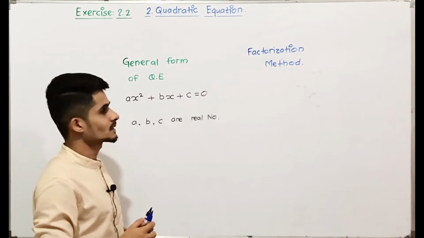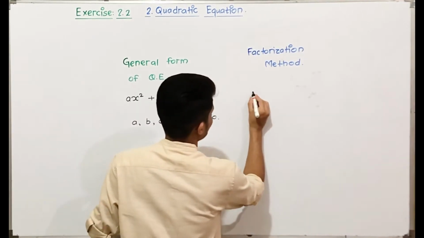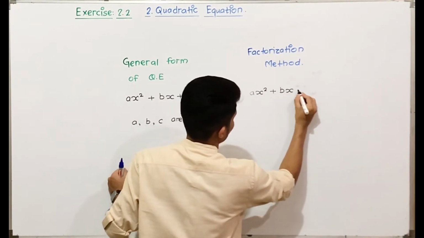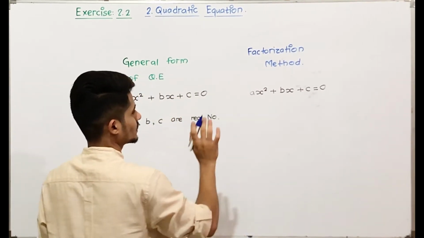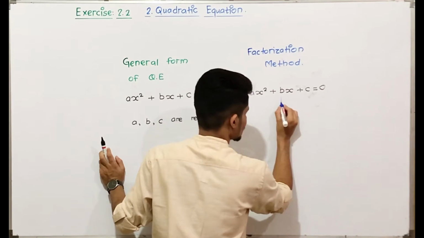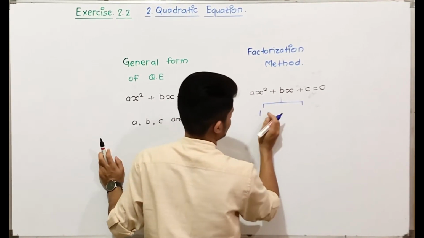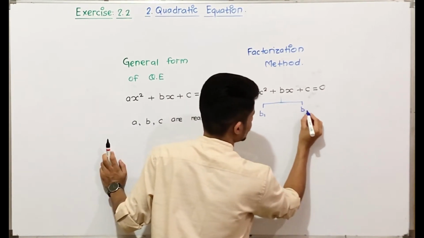So for the factorization method, let's take a general equation, that is ax square plus bx plus c is equal to 0. In the factorization method, what we have to do is split the middle term. Let's take b1, b2.